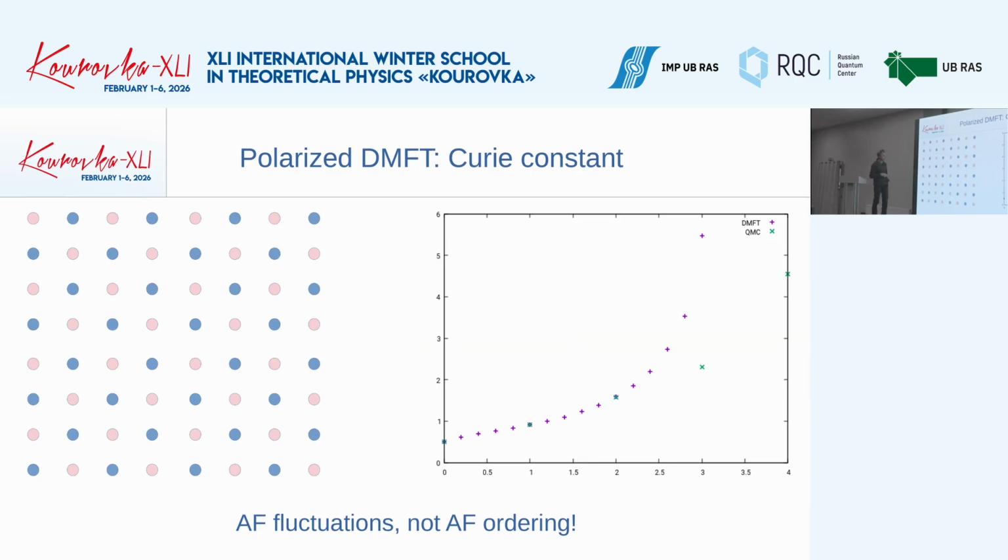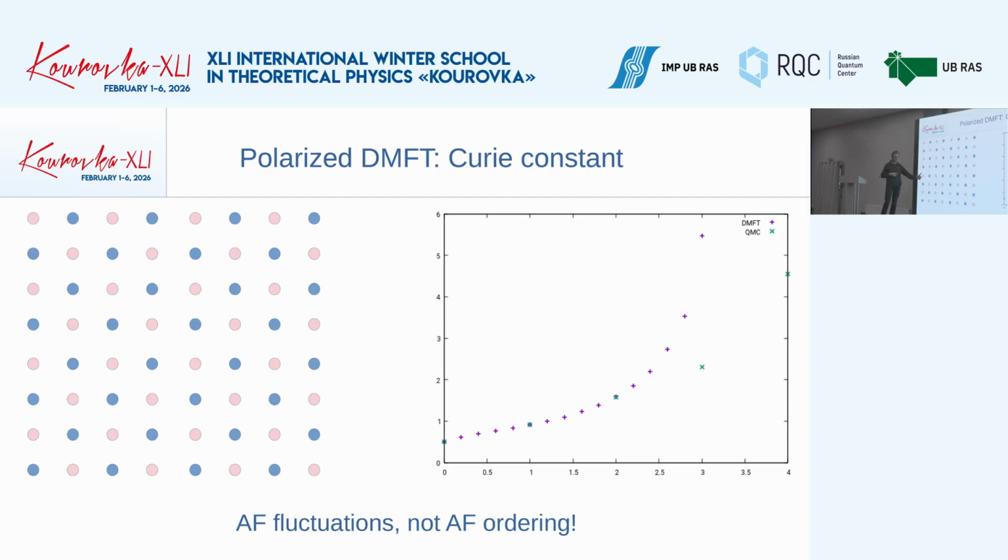So how do you implement the ordering in the DMFT? You introduce this checkerboard. You see there are blue and red sites now. So they are equivalent, but you assume the symmetry breaking.